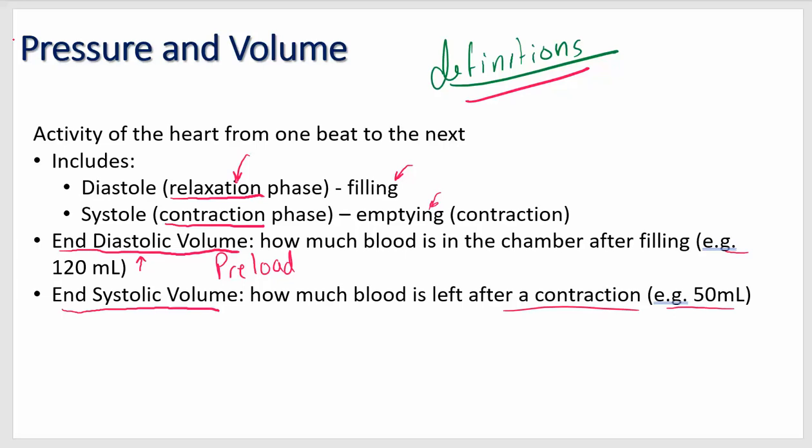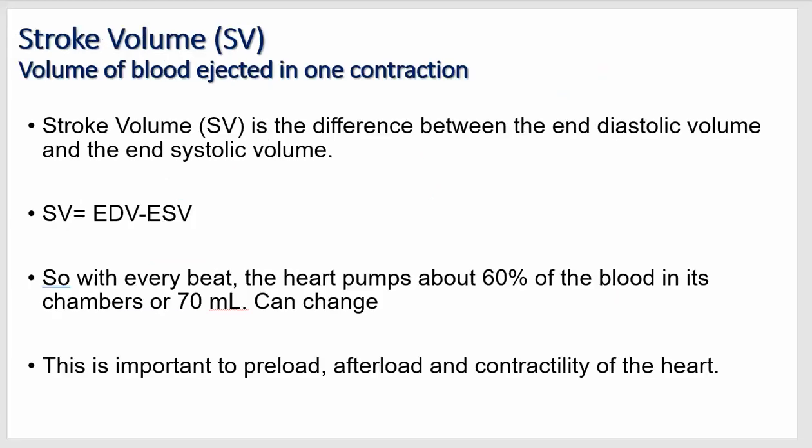That's an average that's thrown around and used a lot. And then the end systolic, after contraction, we still have some left. Usually you squeeze out just over 50% of your blood at rest. You can squeeze it all out if you're exercising or doing strenuous activity. But in general, we're talking about at rest.